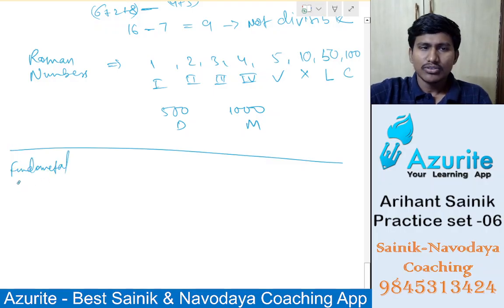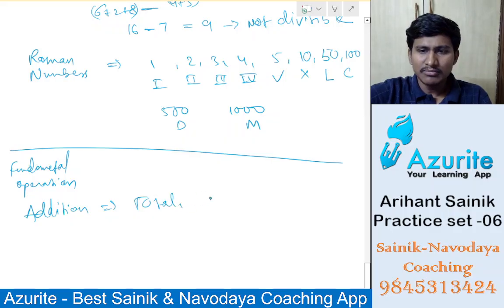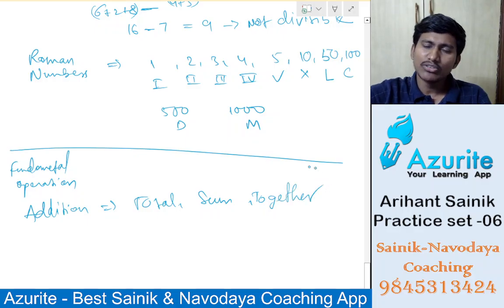Yes, yes. So here fundamental operations, addition is there, right? So addition, what do we say it as? We say it as total, we say it as sum, we say it as together, right? Those are all things. Minus, that is subtraction, what do we say?